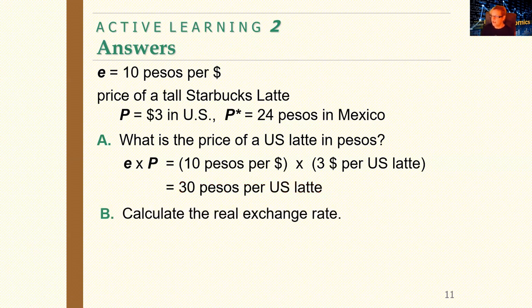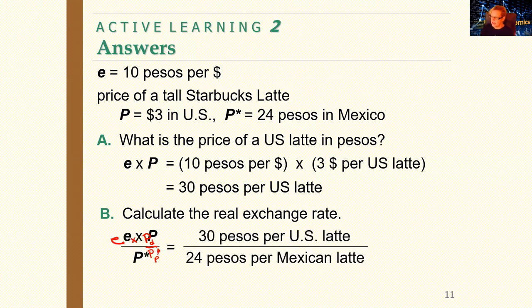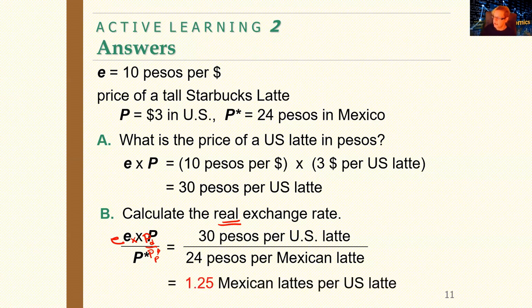Now, to calculate the real exchange rate, we use this idea of the exchange rate times the price domestically in dollars and then the price in foreign, which would be pesos. So here we're going to take 30 pesos per US latte and divide that by the 24 pesos for a Mexican latte. Now remember, real is the real physical product. What we essentially get from this is 1.25 Mexican lattes per US latte.